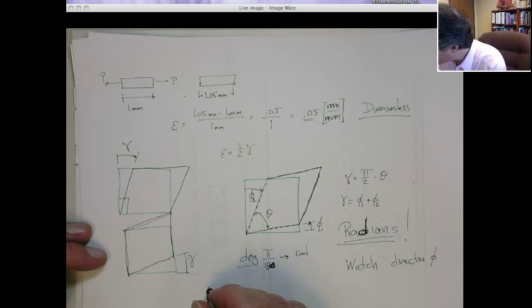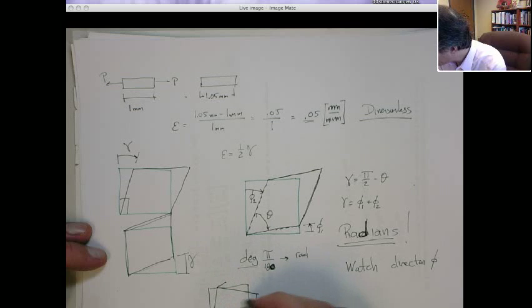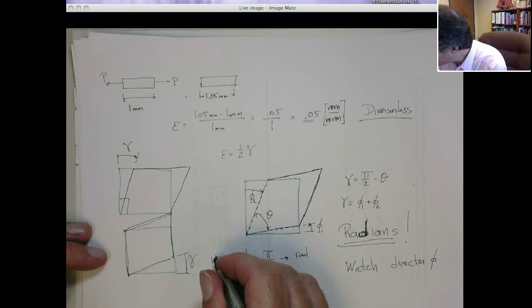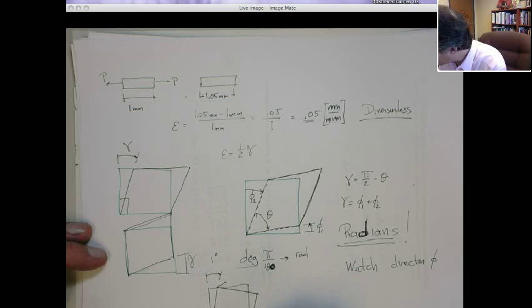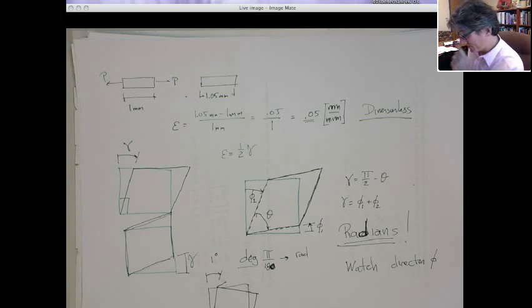What I mean by that is, if you look at the following type of deformation, where maybe this goes like this, and this goes down like this, where this angle here is maybe 1 degree, and this angle here is also 1 degree. Okay? What's gone on here?